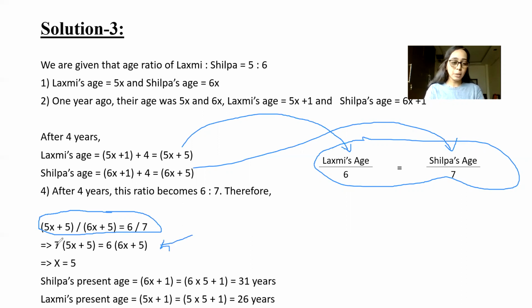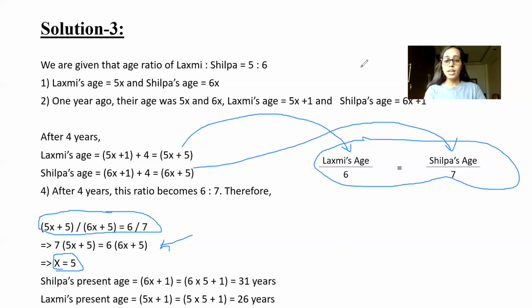Now multiply 7 into 5x plus 5, giving 35x plus 35, equals 36x plus 30. So 36x minus 35x stays on one side, and 35 minus 30 on the other, so we get x equal to 5. After that, just put the value into 6x plus 1 and 5x plus 1.